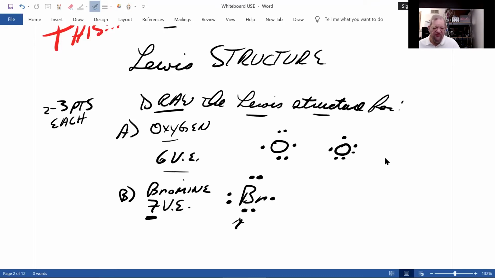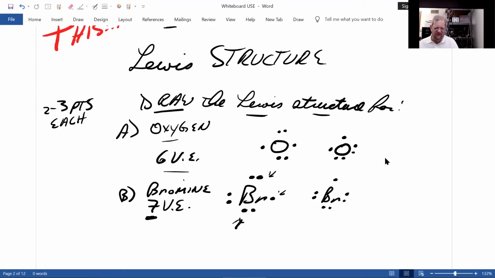Each of them, 3 sides would have 2 dots, and 1 side would have 1 dot. This would be another example. Notice 3 sides. You never have more than 2 dots on a side, and you never double up before each side has 1 dot. And that's how you do a Lewis structure.